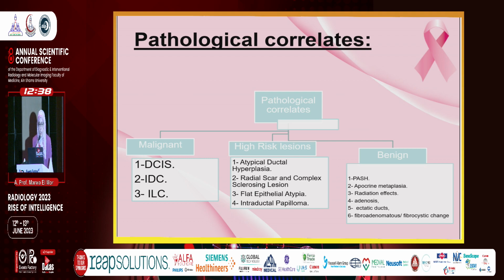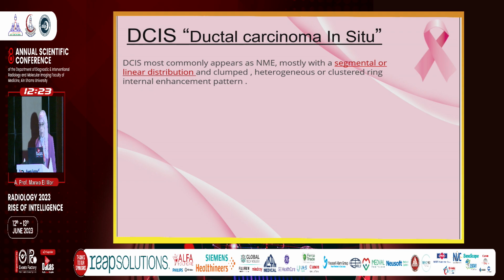The pathological correlates: there are a wide variety of pathologies that can be presented as non-mass enhancement on MRI. They include malignant, high-risk lesions and benign entities. Ductal carcinoma in situ, DCIS, most commonly appears as a non-mass enhancement lesion, mostly with a segmental or linear distribution.